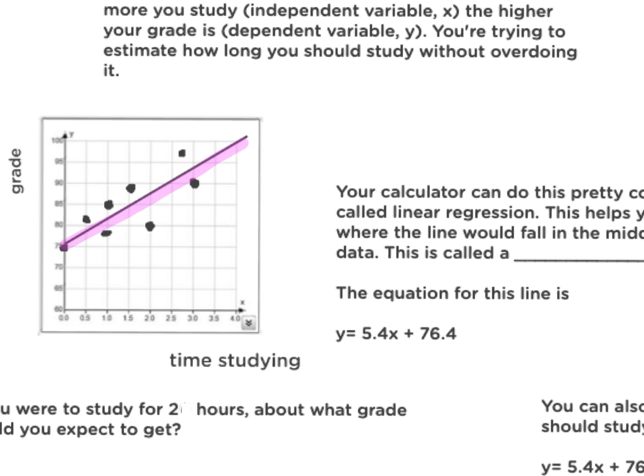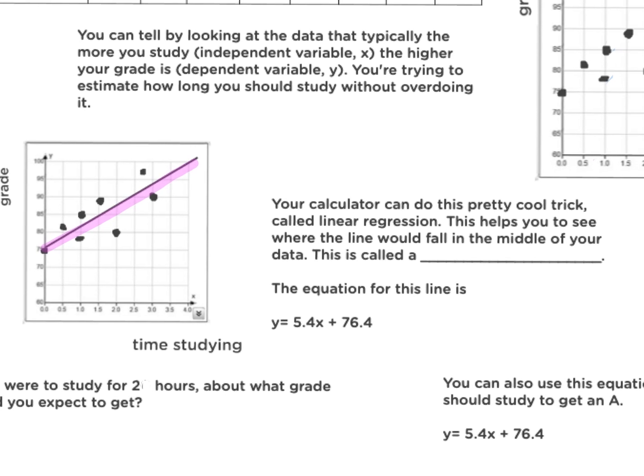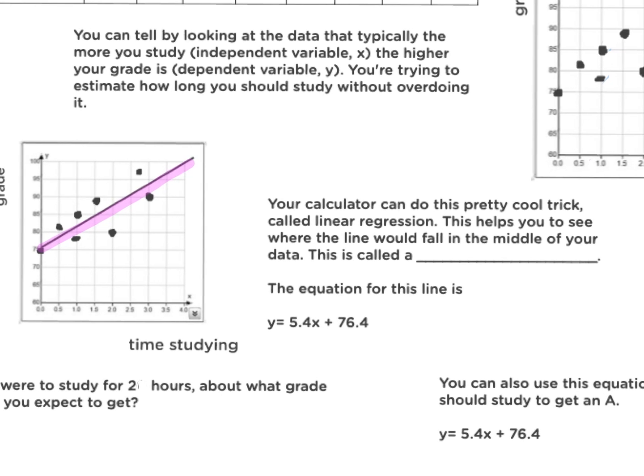So that's a pretty good line of best fit, because it's pretty much in between the coordinates. You've got the same number of coordinates on the top as you do on the bottom. So again, this is called a line of best fit. It means that it's a line that goes through the middle of your data set.